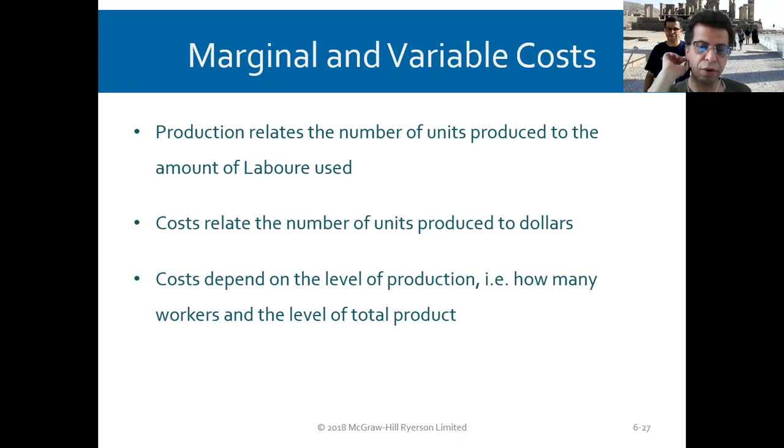Cost depends on the level of production, how many workers, and the level of the total product. So let's say the marginal cost is the fact that if you put in one more labor, this is what you call the marginal, the extra cost that happens. That's the marginal cost from the previous point.